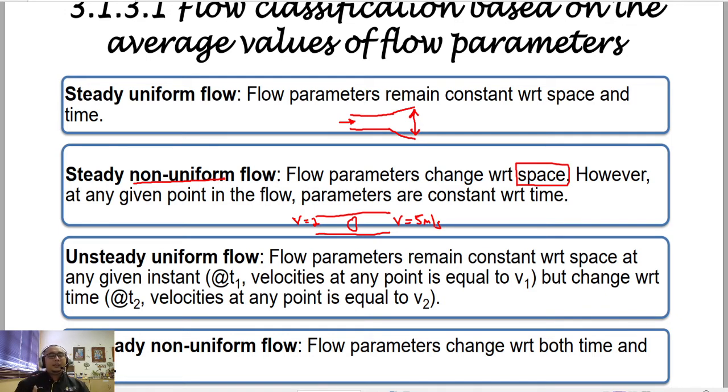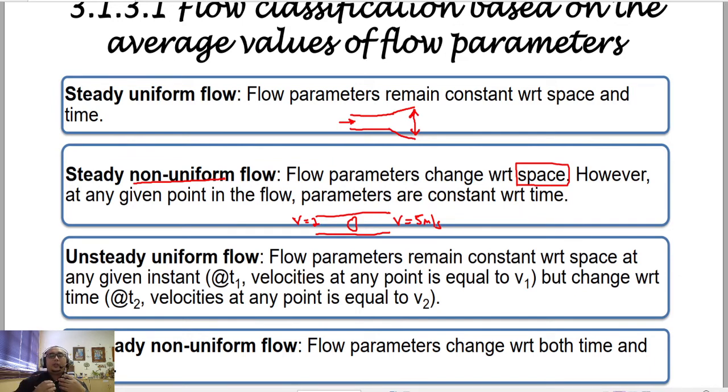And then kita kelaskan dia sebagai unsteady. Flow kita tidak lagi steady flow. Dia dah jadi unsteady. Tapi dia masih uniform sebab space-nya masih remain constant. Okay. And the fourth one is unsteady and also non-uniform flow. Maksudnya dia ada perubahan masa dan dia ada juga berlaku perubahan space.